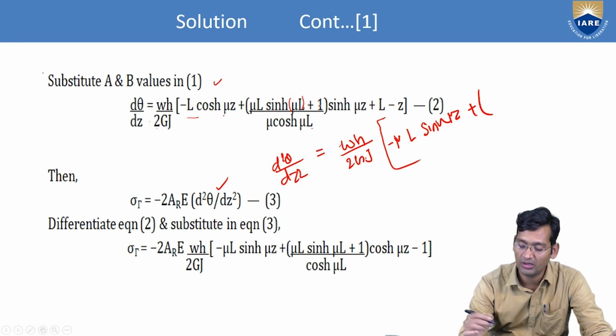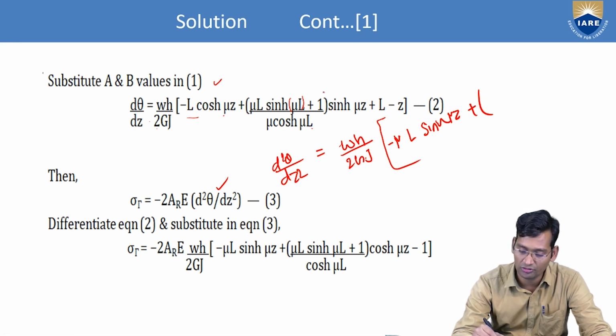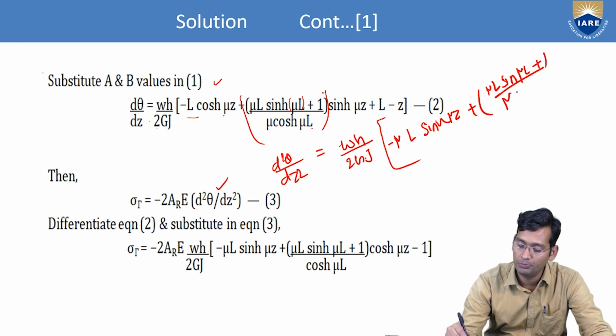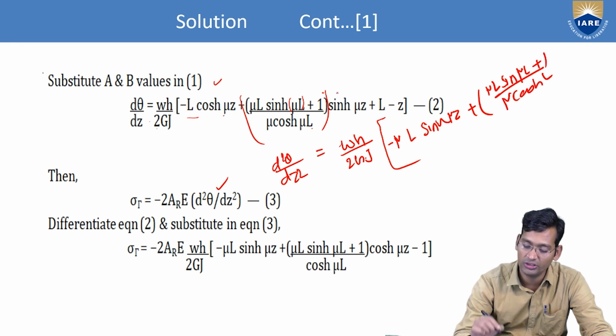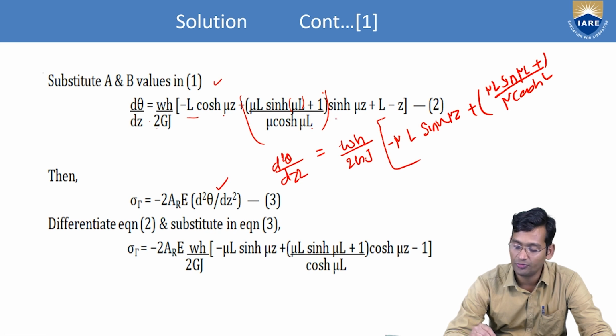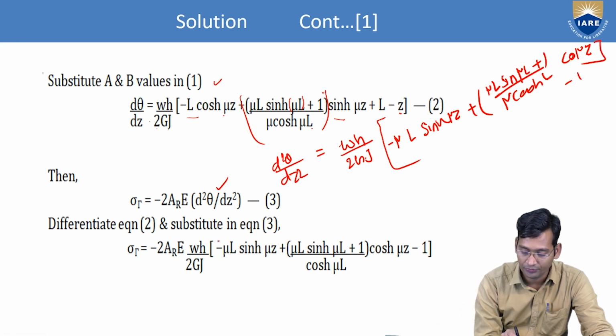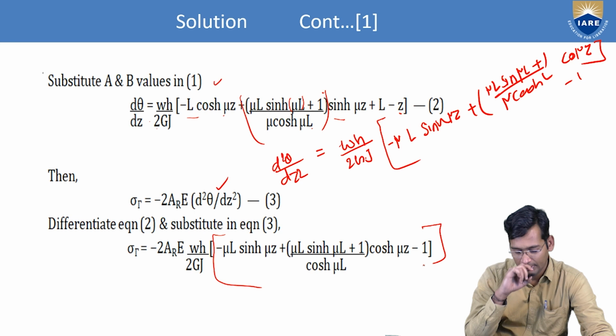So this whole thing, μL sinh μL plus 1 divided by μ cosh μL, is constant, and the differentiation of sinh μz is cosh μz, so into cosh μz plus, differentiation of L is 0 and differentiation of z is minus 1, right?